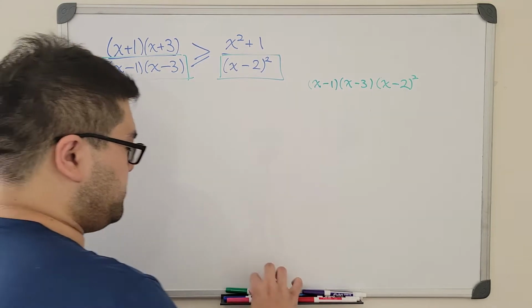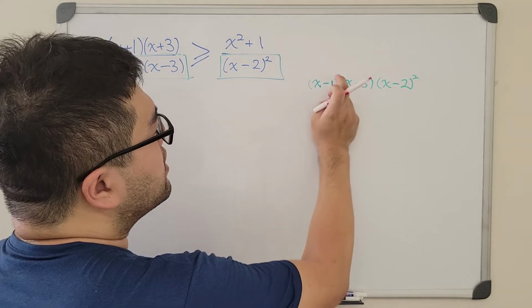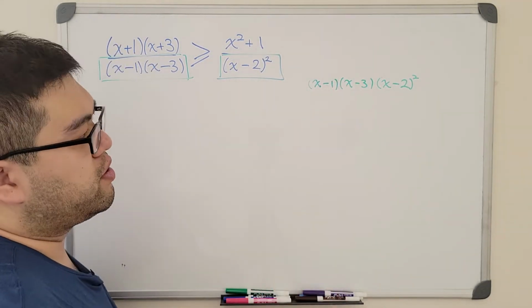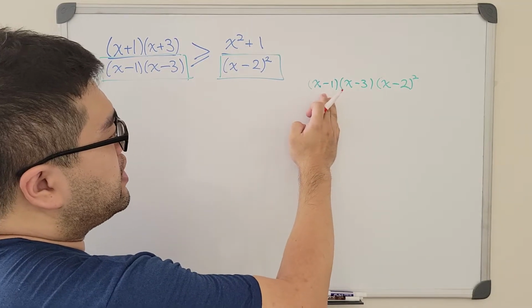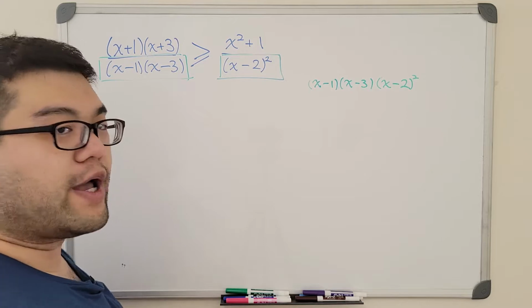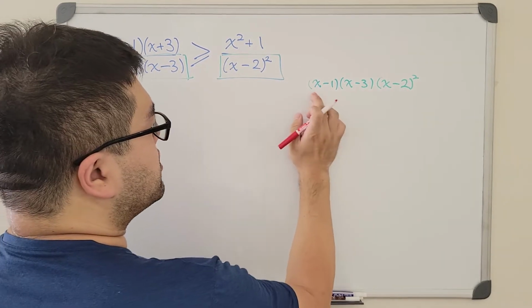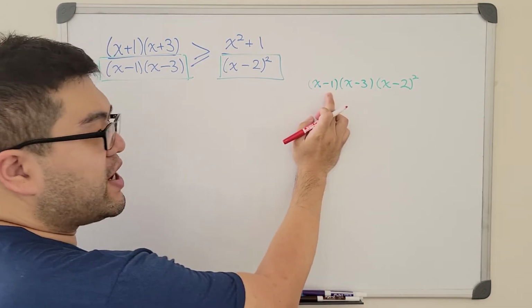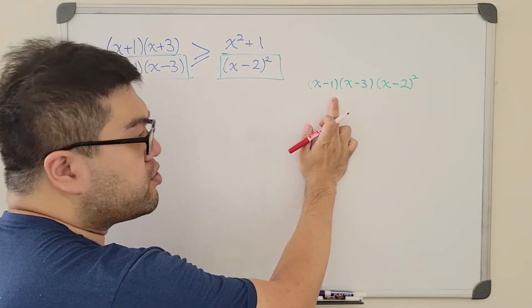Here is the deal. Whenever we see the factor that has no exponent, or in other words, the exponent is 1, right? If we see the exponent is actually an odd number, we're going to add one more copy to it. So in other words, right now, for the x minus 1 term, there's only one copy of this factor.